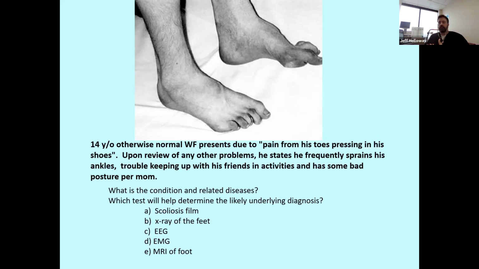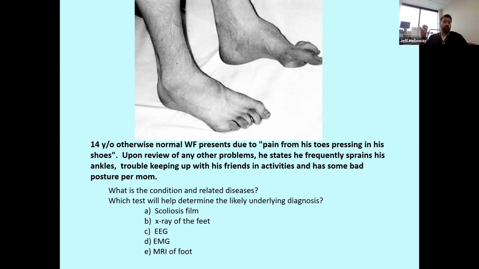And then when you start saying, well, he's having trouble keeping up with his friends, he has bad posture, you get into a little bit more systemic disease. And then this is where you're trying to connect the dots. So understanding the connection between those. And that's where, you know, this was rigid flat foot. You'd say, okay, I'll x-ray the foot to look for that connection. Now, pes cavus doesn't usually come with specific bony abnormalities.